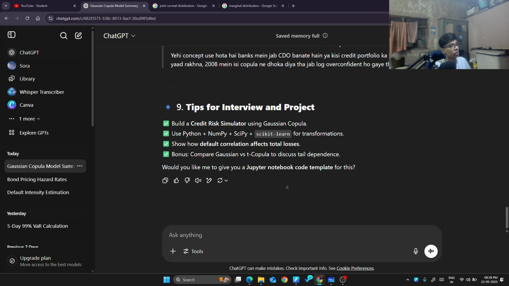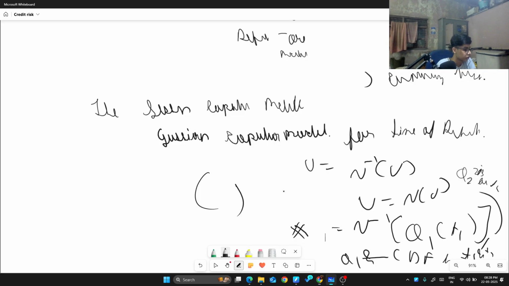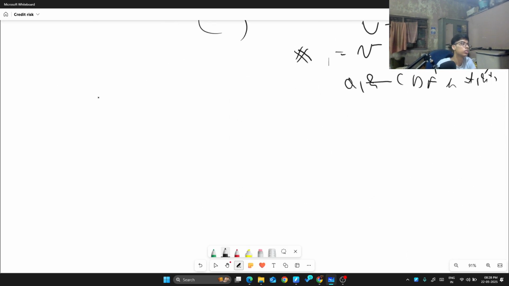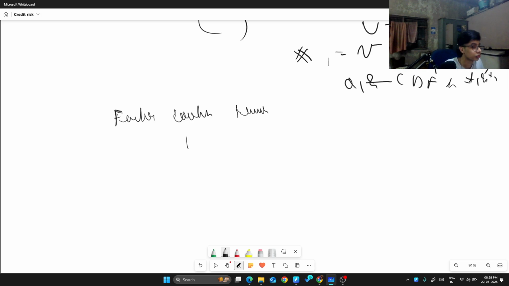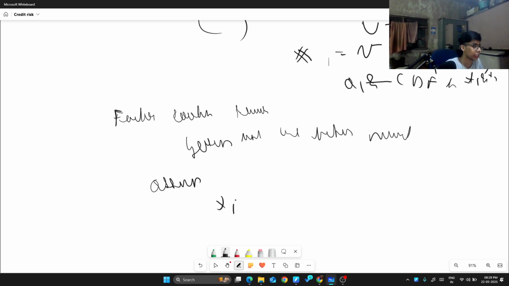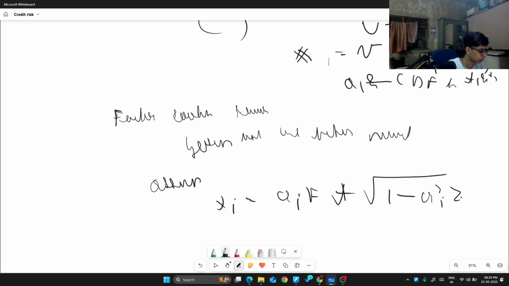And next is the factor based correlation structure. In this we use the Gaussian copula one factor model, and our assumption is x_i equal to a_i F plus root of 1 minus a_i squared times z_i, where F is a common factor.